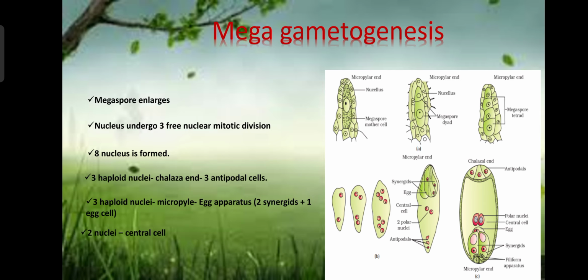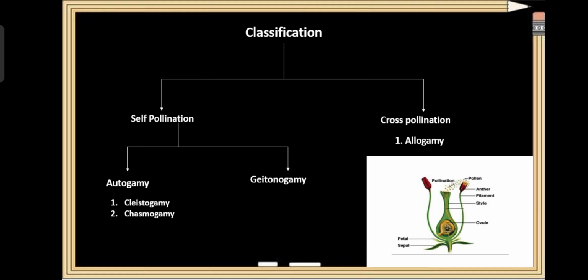Next we will study the classification of pollination. We usually have two categories of pollination, as you know from school: self pollination and cross pollination. Self pollination is the pollination that takes place in the same flower of the same plant.